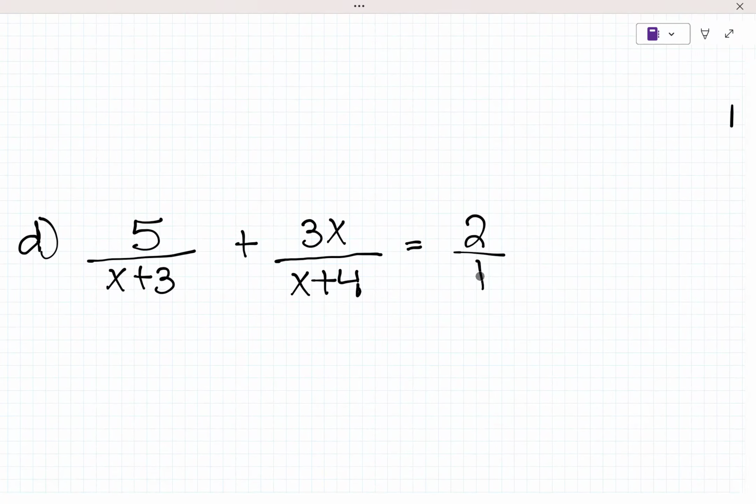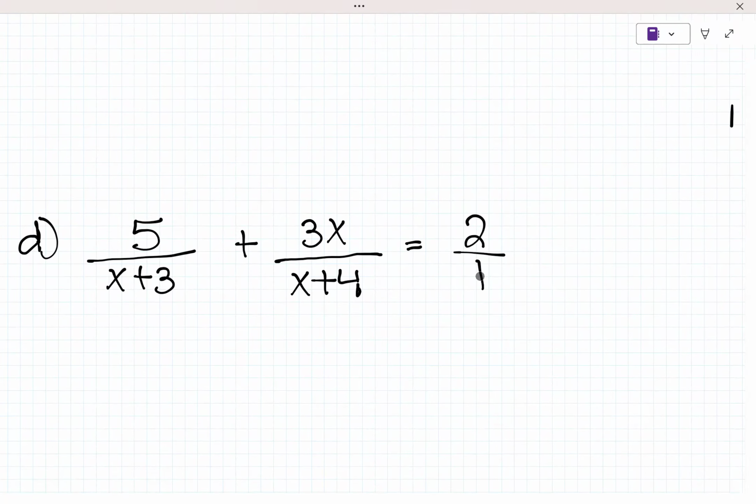So this one, we have letters and numbers on the bottom. You could think of x plus 3 as one term, or x plus 3 to the power of 1. And then you could also think of x plus 4 as one term, or x plus 4 to the power of 1. So they're all different bases, and they're all in the most prime form, right? x plus 3 can't be broken down, x plus 4 can't be broken down, and 1 cannot be broken down.